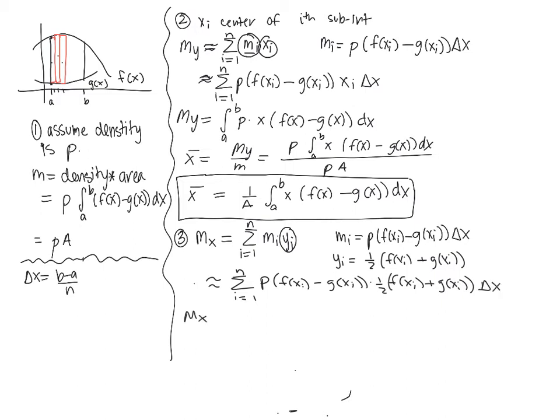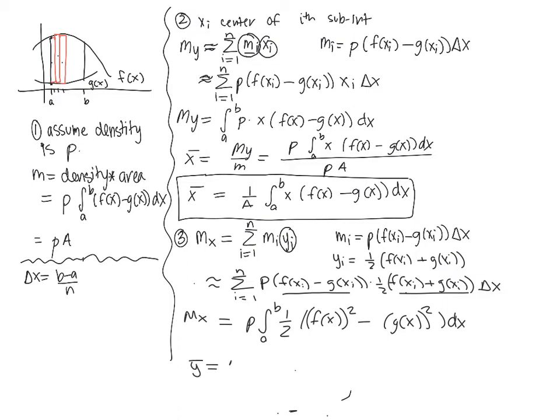And to get it exactly, we take a limit. We have rho, which becomes an integral from a to b. We have this 1/2. And notice when you multiply this with this, you actually have f of x squared minus g of x squared. And then once again, to find y bar, you take Mx over m.